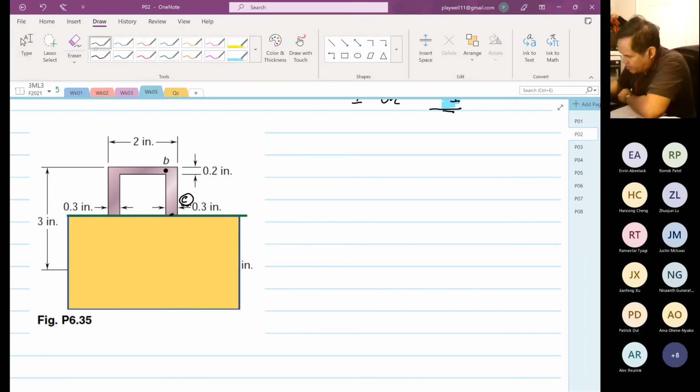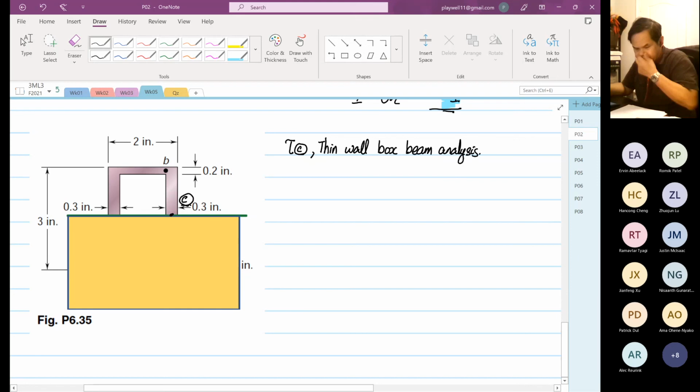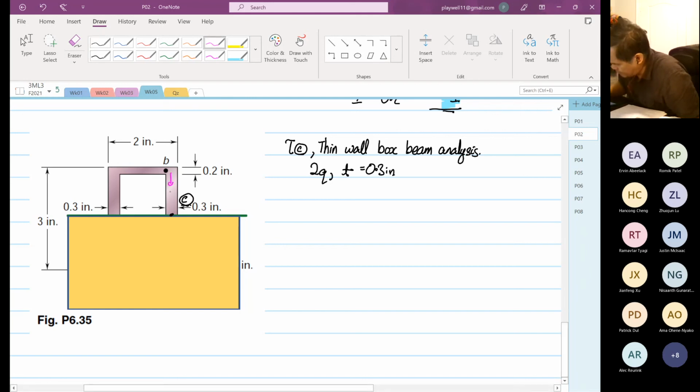So I'm going to find the stress at point C. We're going to carry out a thin wall box beam analysis. So we know that this is 2Q because it's box beam, and the thickness at point C is equal to 0.3 inches. So when we construct the shear flow, it looks like this.